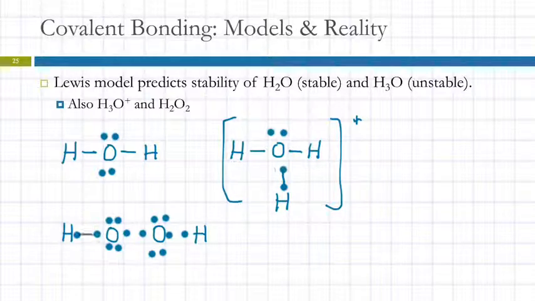And so this oxygen could share 1 with that hydrogen, make him happy, and share 1 over here. And then they could share in between. And now this oxygen has 2, 4, 6, 8, and this oxygen has 2, 4, 6, 8. And the hydrogens each have 2, and so that satisfies the octet rule for everybody. And we predict that that's stable. And it is. It's called hydrogen peroxide. Any questions?